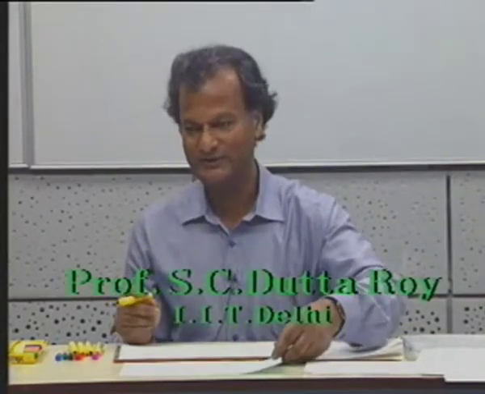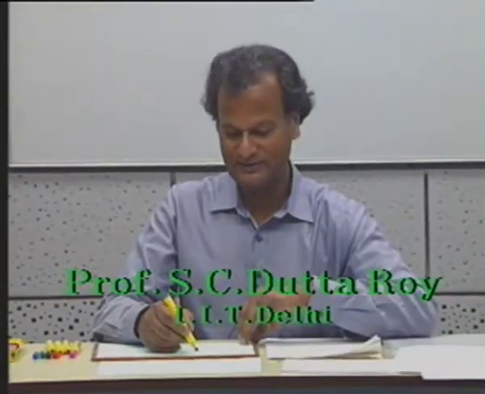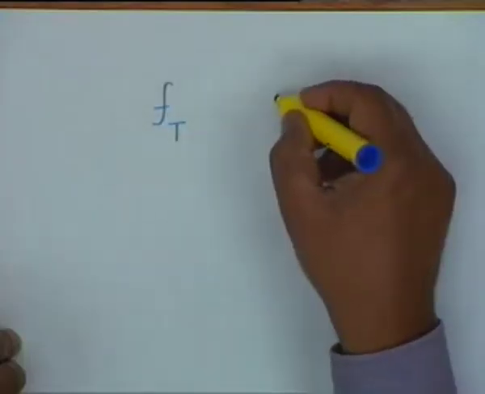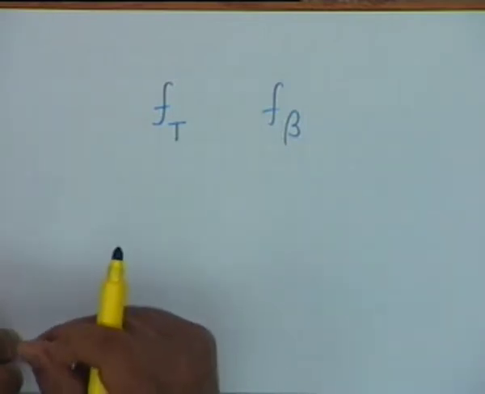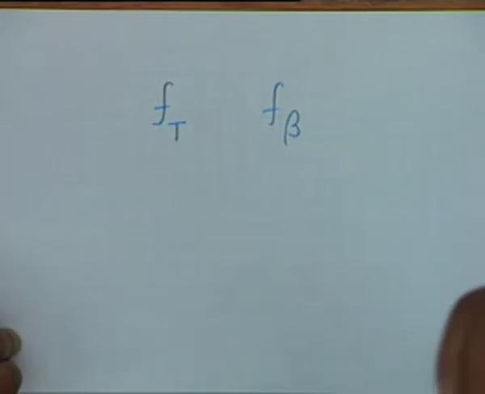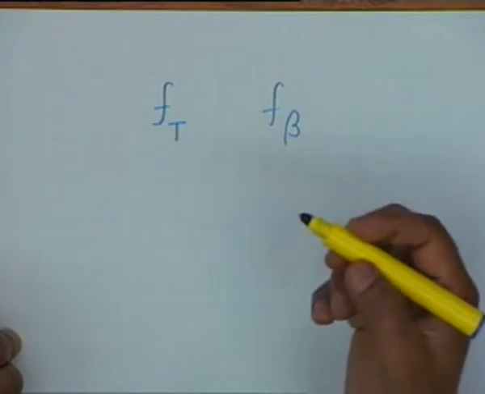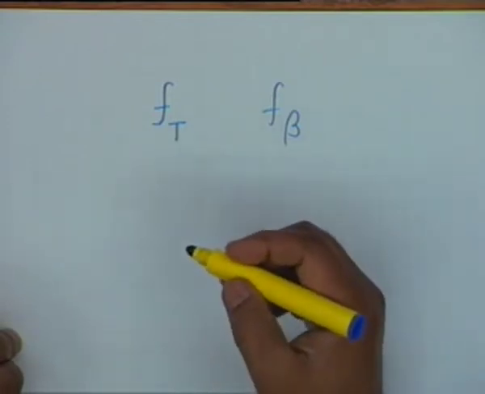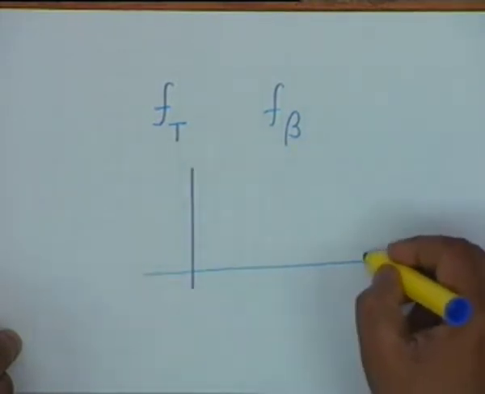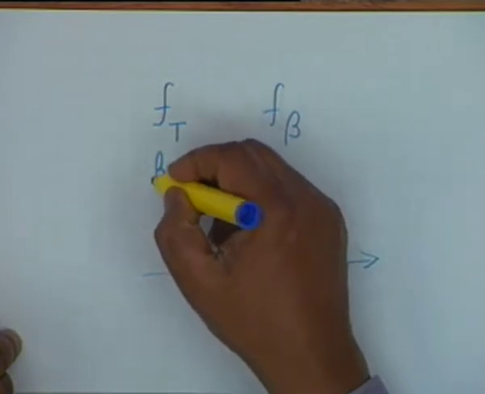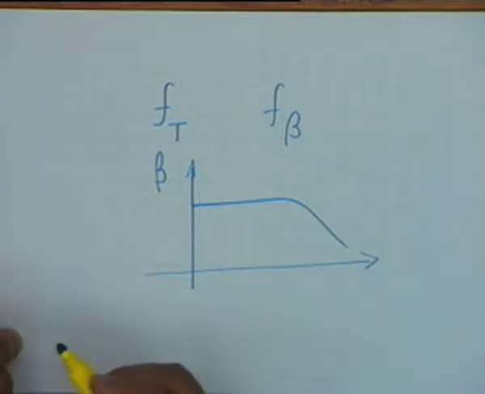In the last lecture, I had introduced the terms f t and f beta for the figure of merit of a transistor, and I explained that if you measure beta, that is the short circuit current amplification factor of a transistor, then beta varies with frequency, and the variation is like this.